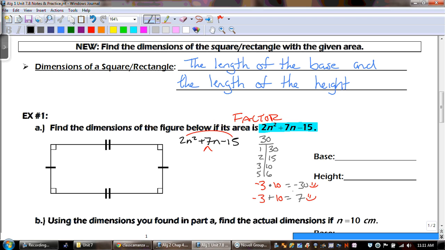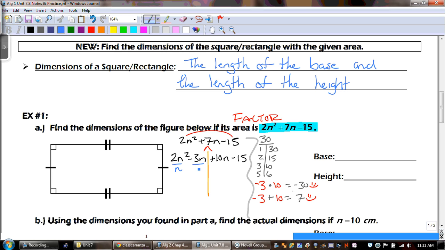Okay, so we're going to split the middle term, 2n squared minus 3n plus 10n minus 15. What's the GCF of the first group?